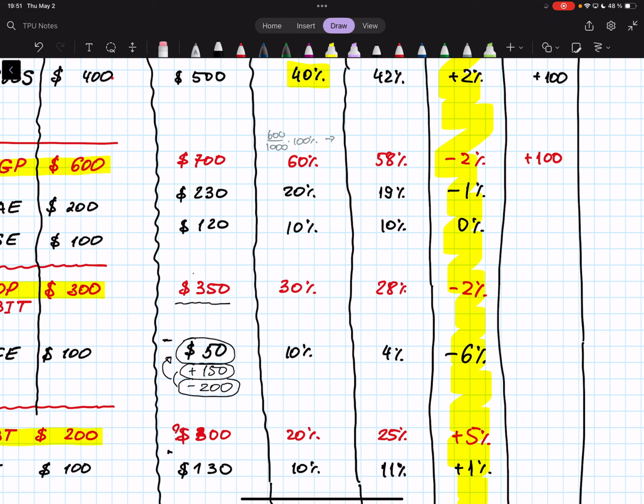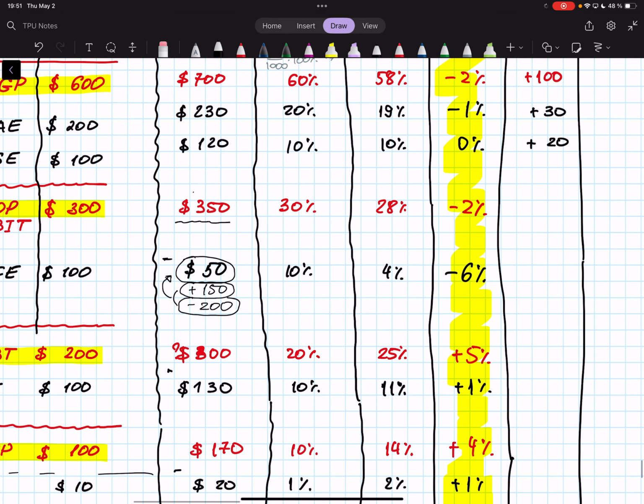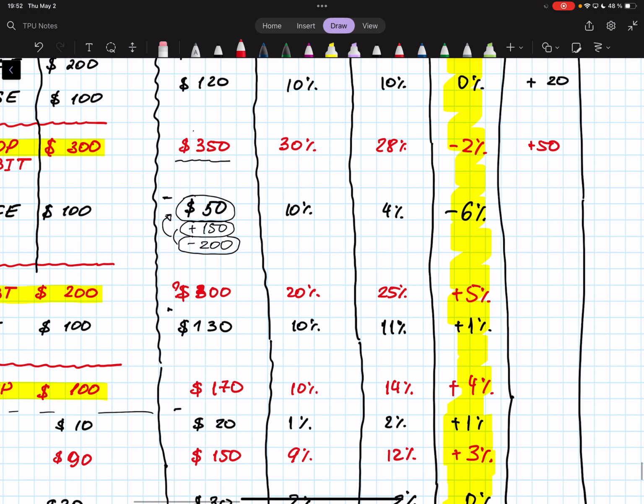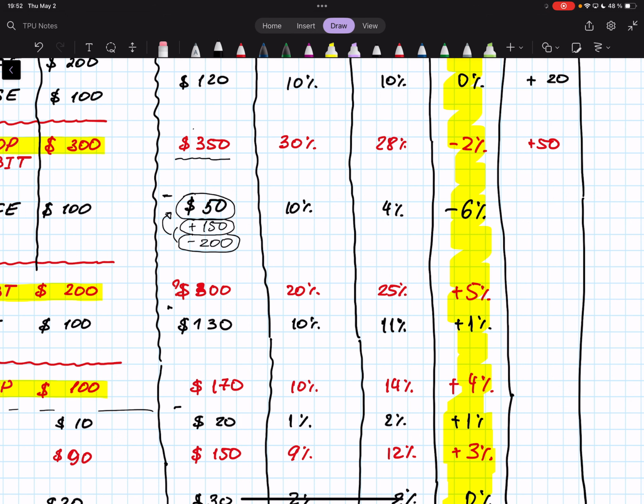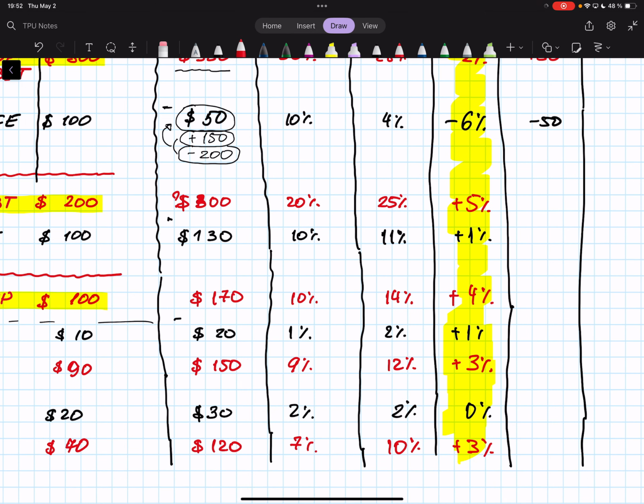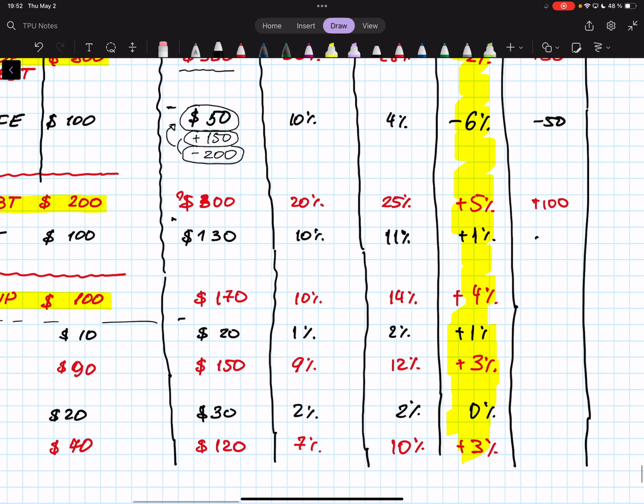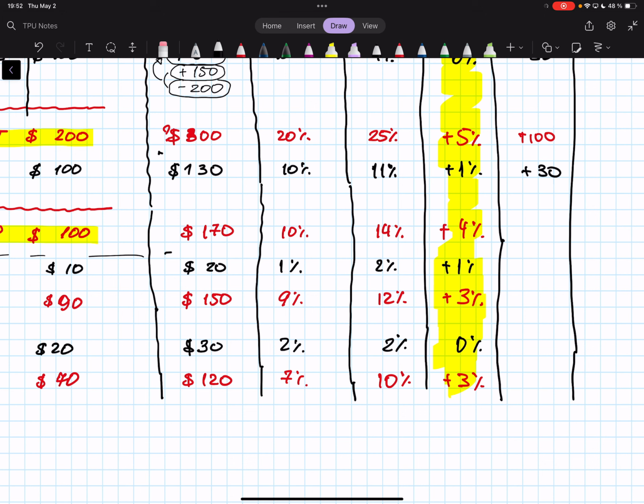Next, tell me the number. Plus 30, then plus 20, then plus 50, then, be careful here, minus 50, then plus 100, then plus 30, next plus 70, next plus 10, next plus 60, and then plus 10, and finally plus 50, right?